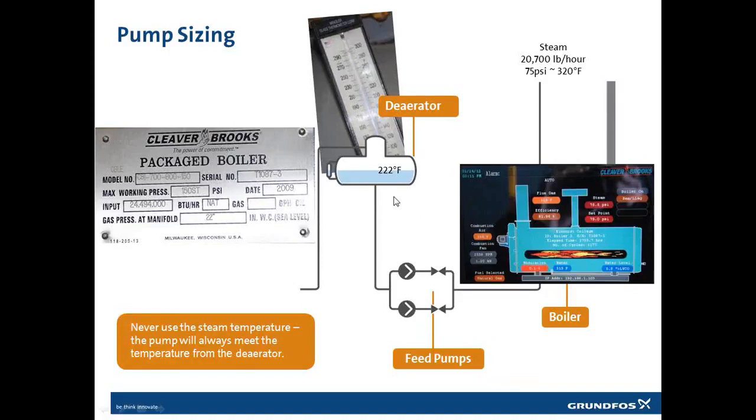The only thing that the feed pumps know is that they are given 222 degrees Fahrenheit water on the suction side, and we need to raise the pressure to a certain ratio. So never use the steam temperature or steam data for anything. It is always the water temperature from the deaerator that we use, and the nameplate on the boiler, not the steam data.